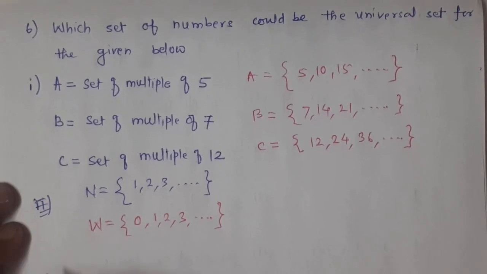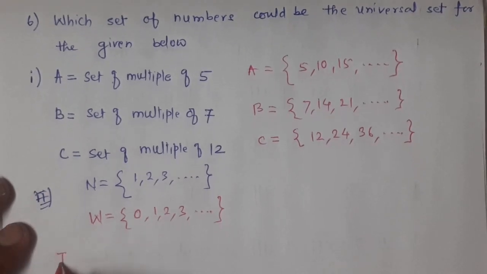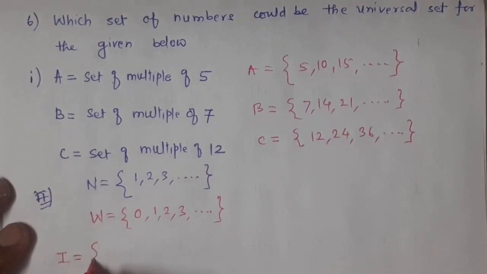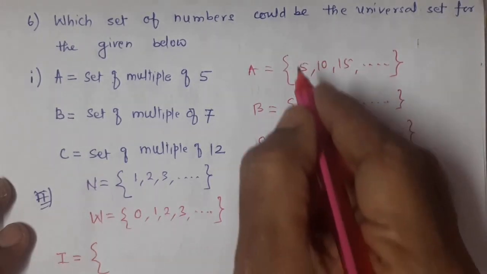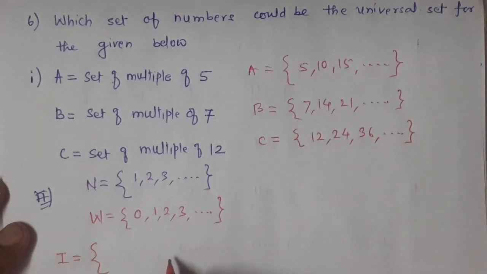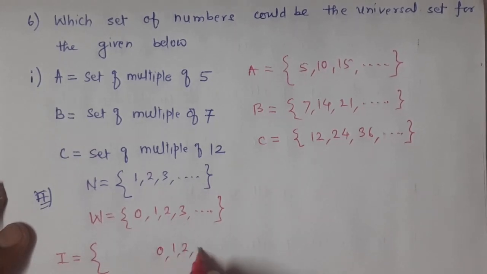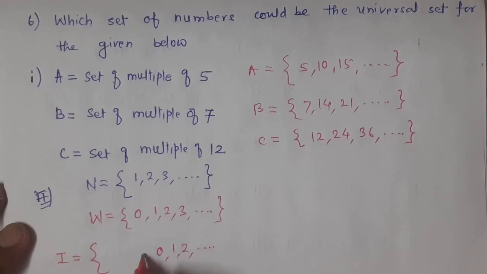And third is the set of integers, which comprises the positive integers 0, 1, 2 and so on, and the negative integers -1, -2, -3 and so on.